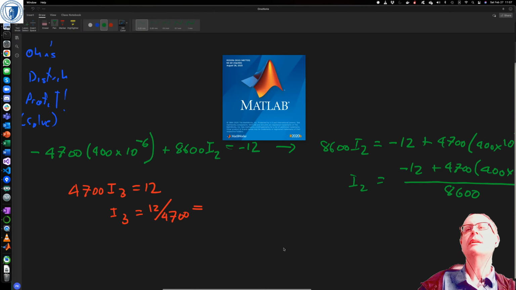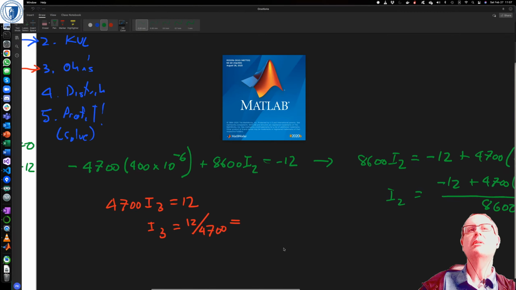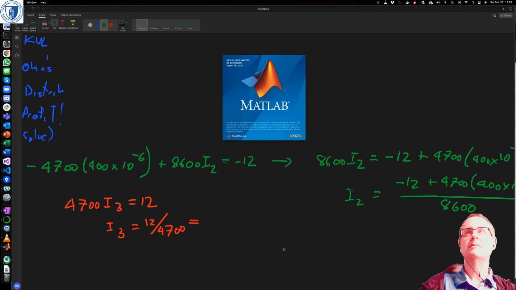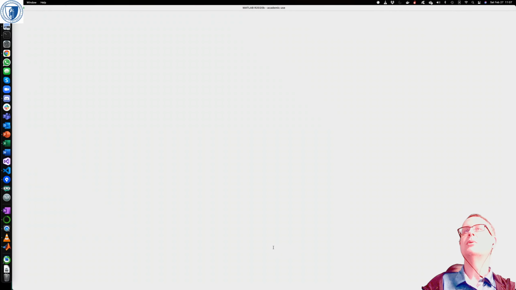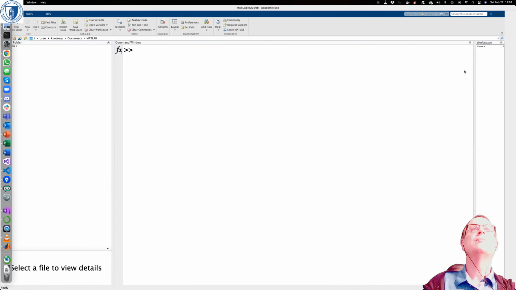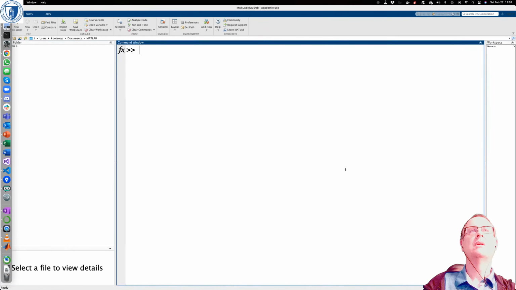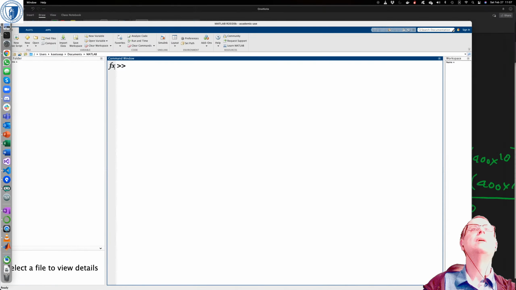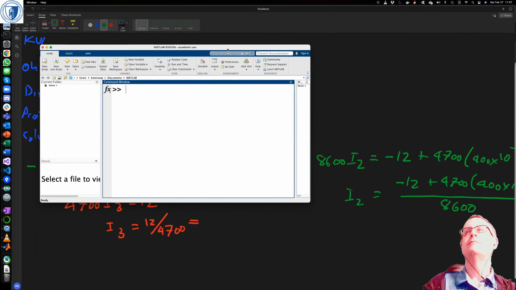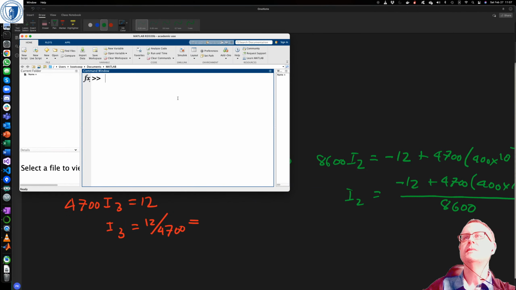So did anybody get some numbers for I2 and I3 while we wait for MATLAB? Okay, so it's 12 on 4700. It's I3.